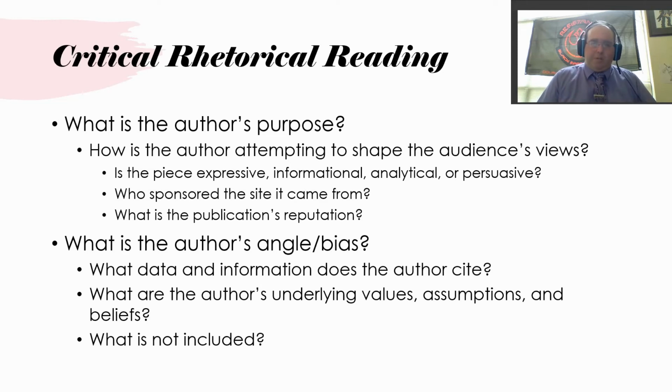That would be the Washington Post. If you look at the other two, Washington Times has a decidedly conservative bent. Washington Examiner has a decidedly liberal bent. Okay? So, keep that in mind. All right? What kind of reputation does your publication have? How are they known to lean or not lean?